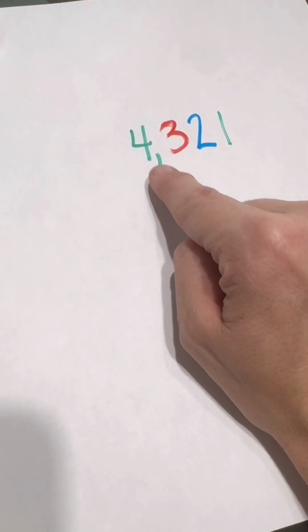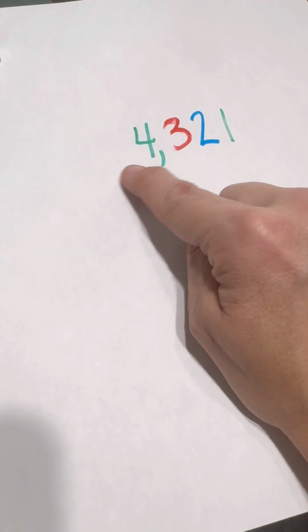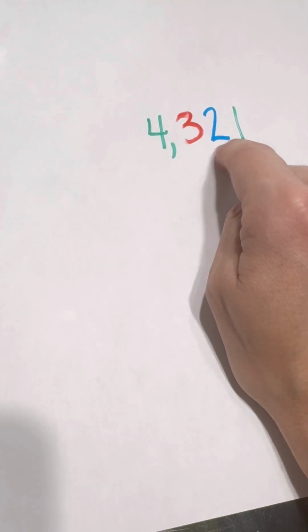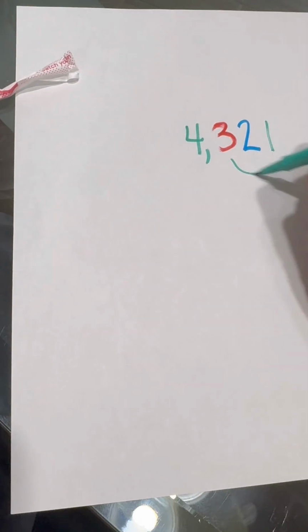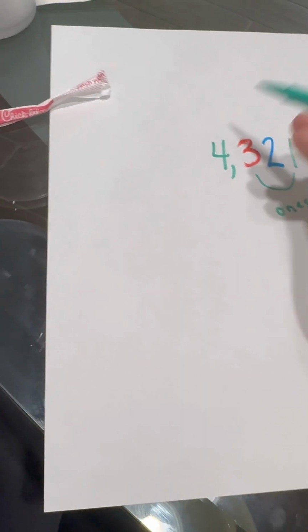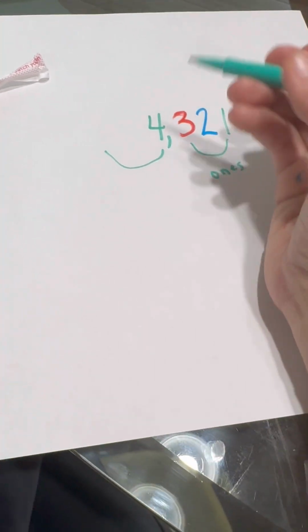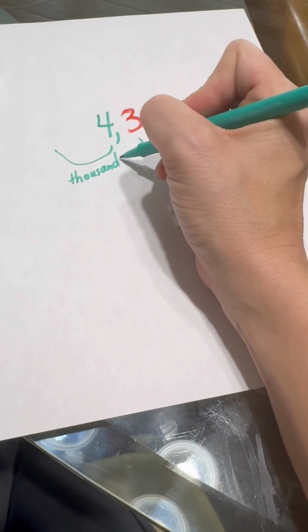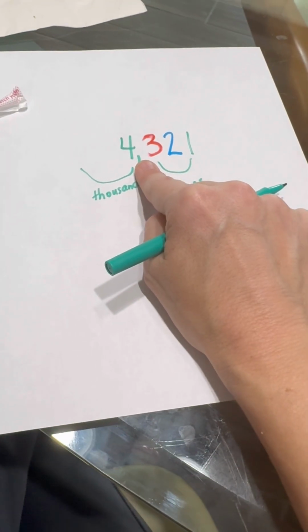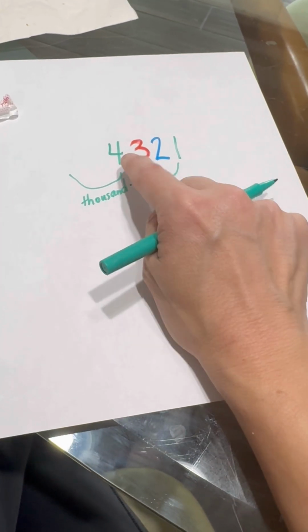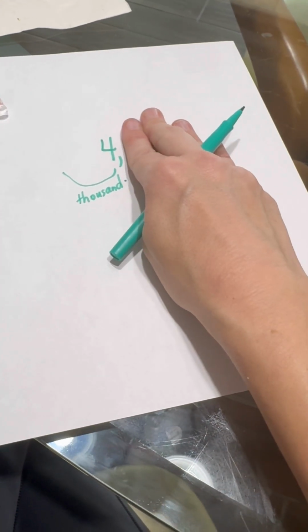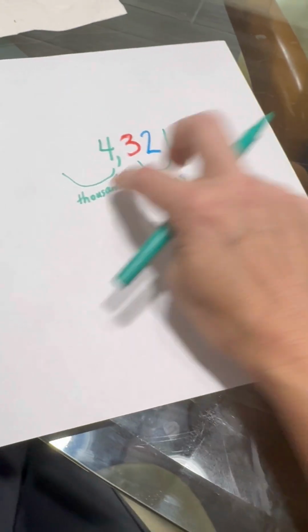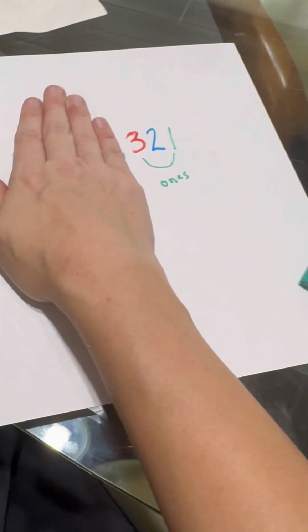Whenever you see a comma, you're gonna say the period name. Remember this is like the ones period. And this last name of this group is called the thousands. That's like their last name. So every time you see that comma, you're gonna say its period name. So this would be 4, there's the comma, 1,000, and then cover this number up.